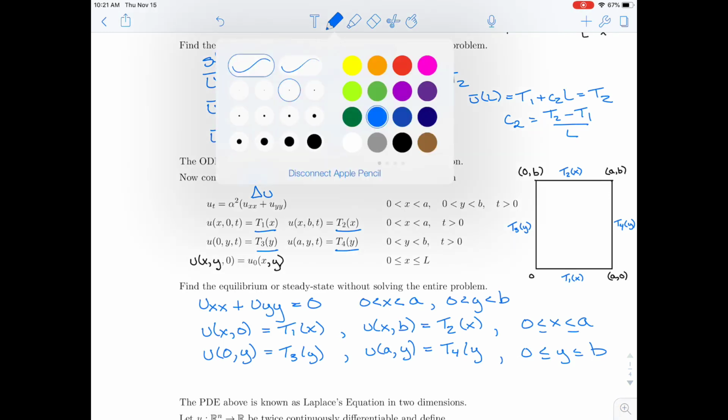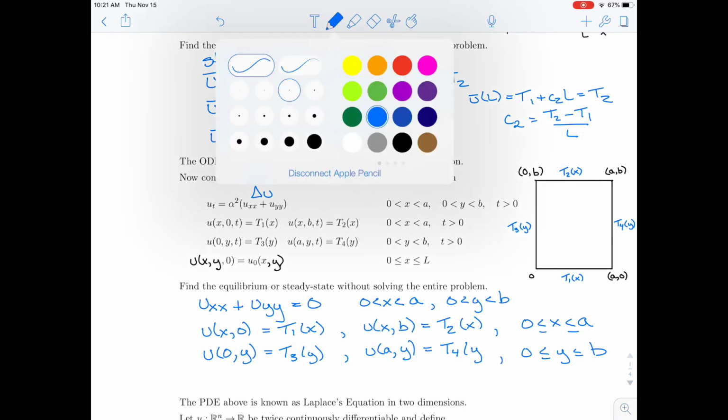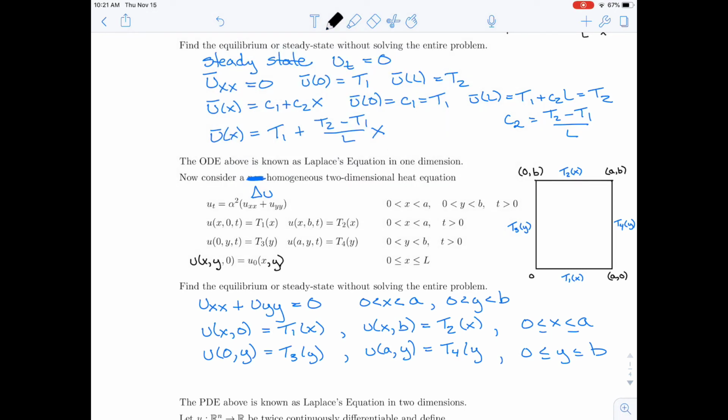So if you want to solve Laplace's equation in 2 dimensions, and you possibly have 4 non-zero boundaries, what you have to do is make 3 of those boundaries 0 and solve the resulting equation, with the 4th one not being 0.